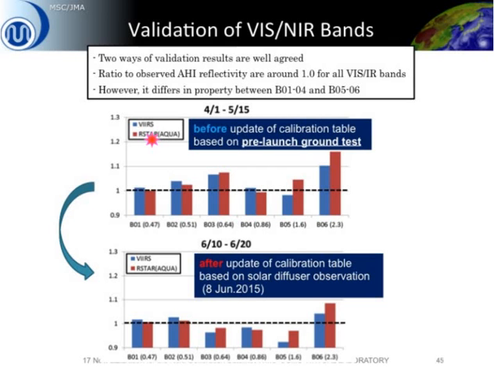The top figure is the result during April to May, and the bottom is in June. Result in June agrees better than April. It means the value is close to 1, the ratio is 1, since the calibration table was updated based on the solar diffuser observation in June. So this result and previous slide result show calibration quality for AHI all bands is kept well.